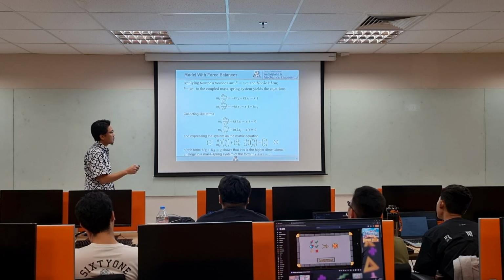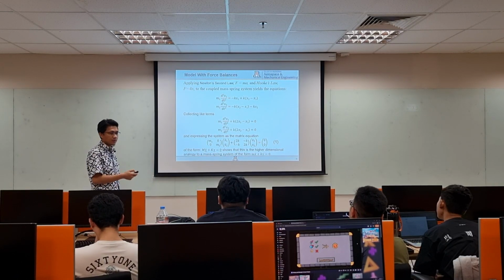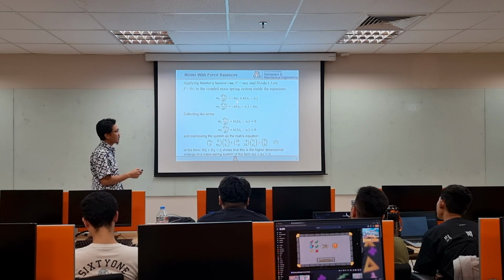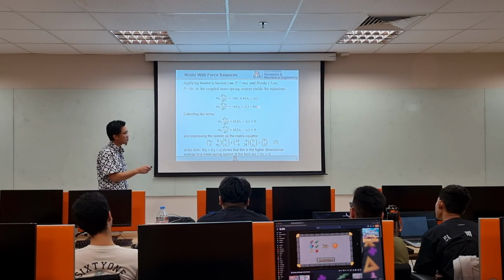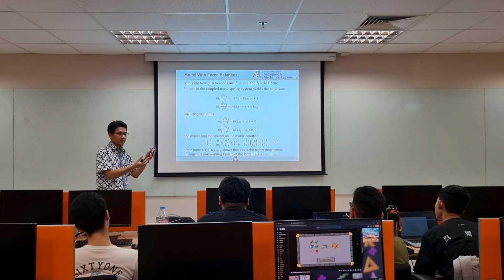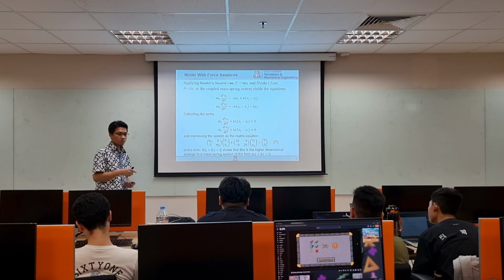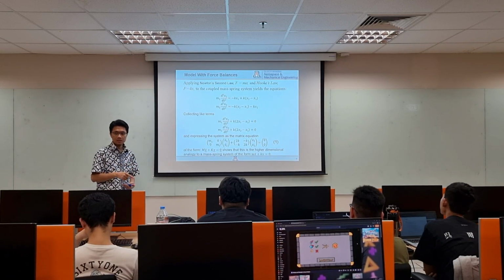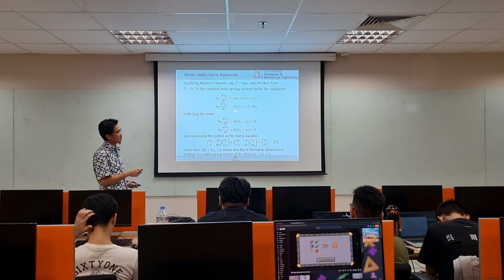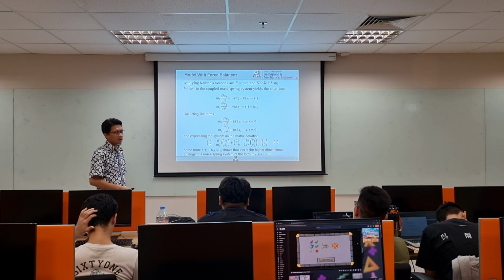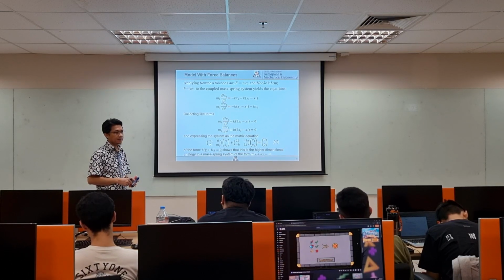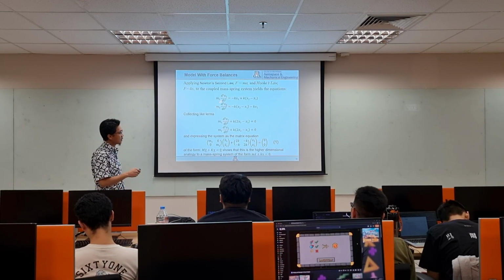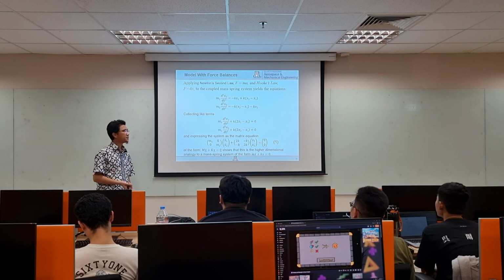This is m1 x1 double dot equal to minus kx1, etc. And this is for mass number 2. You have to get the free body diagram first, and then write down Newton's second law, and then you can get this equation. But in this class, we will not ask you to derive the free body diagram. We will only give you the differential equation, then you solve it.